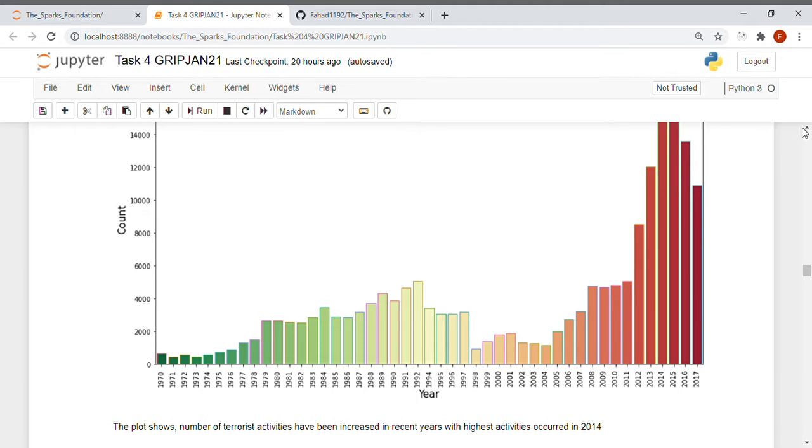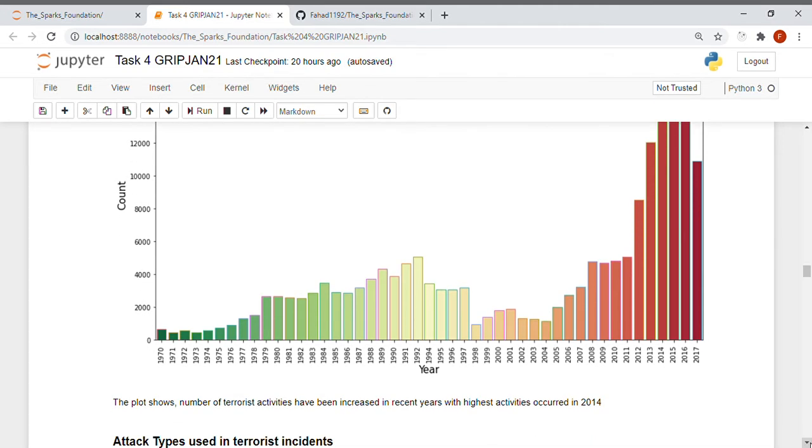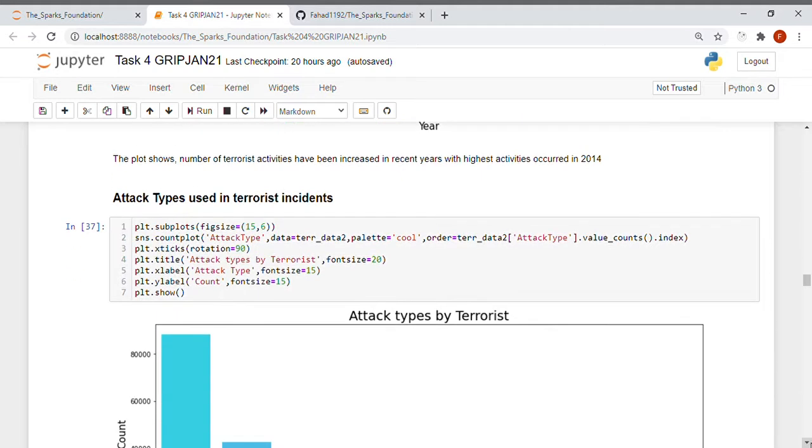In this bar plot, we can easily identify that in the last 7 or 8 years, terrorism has significantly increased, especially the last 6 years after the emergence of the new terrorist organization named ISIS and different other problems going on in the Middle East and around the world, which resulted in the increase in terrorist activities.